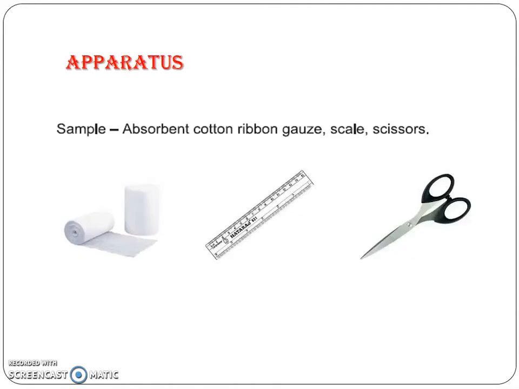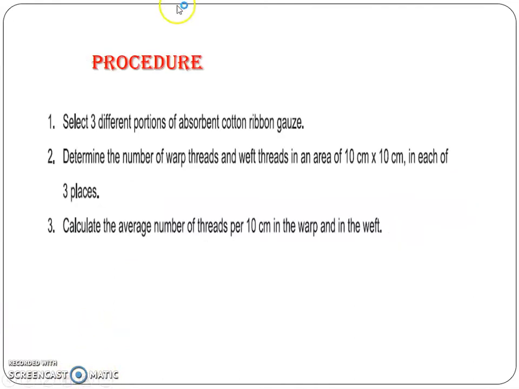Then apparatus required. For this practical, we require a sample, that is absorbent cotton ribbon gauze, a scale, and scissors. Now the procedure. We have to select three different portions of the absorbent cotton ribbon gauze, because we are going to take three different readings and then take the average.